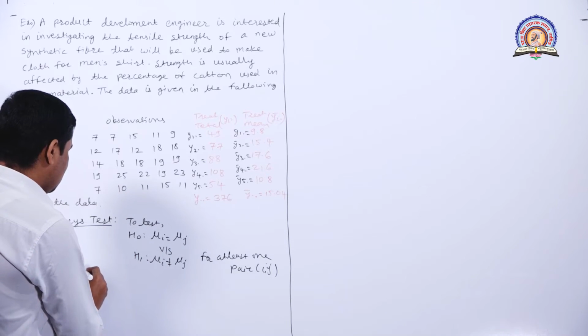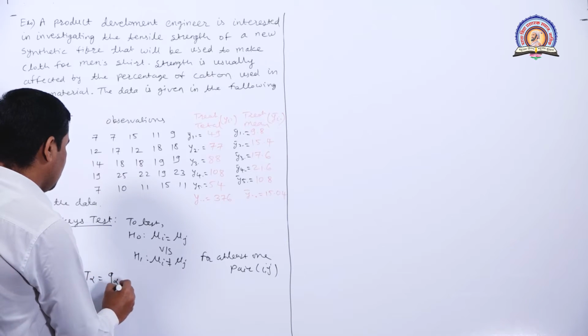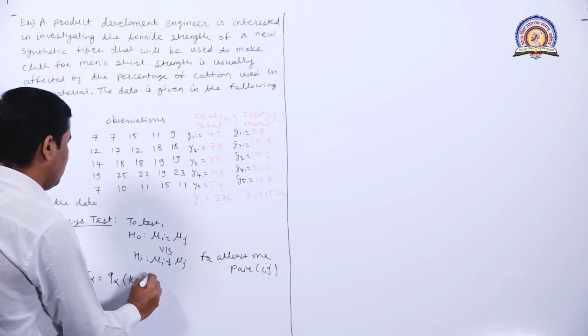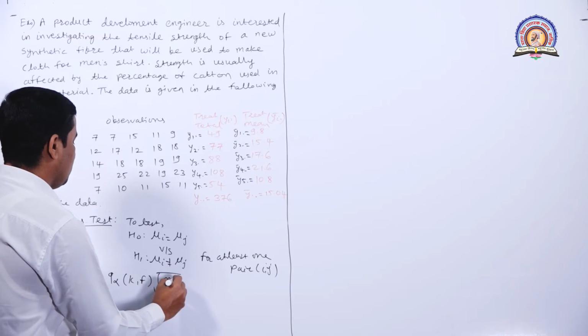The statistic used by Tukey, T alpha, is equal to Q alpha, K comma F into under root of MSE upon n.